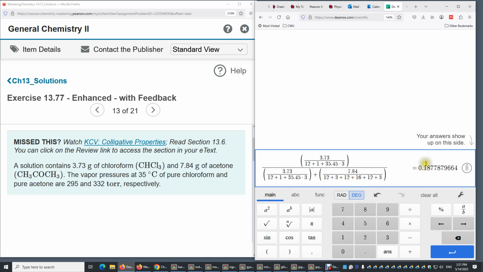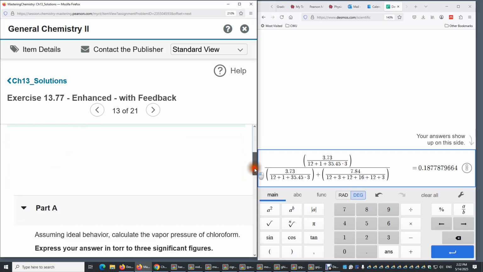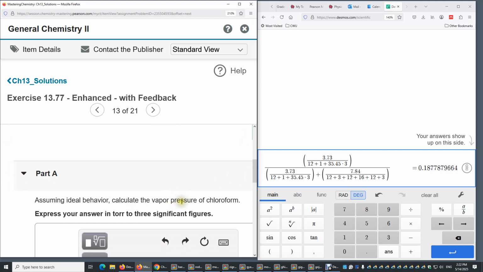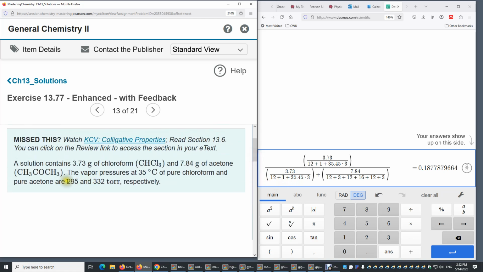Now we have this mole fraction of chloroform multiplied by the vapor pressure of pure chloroform. We'll get the answer for part A. So part A is the vapor pressure of chloroform above this solution, multiplied by 295, 55.4.